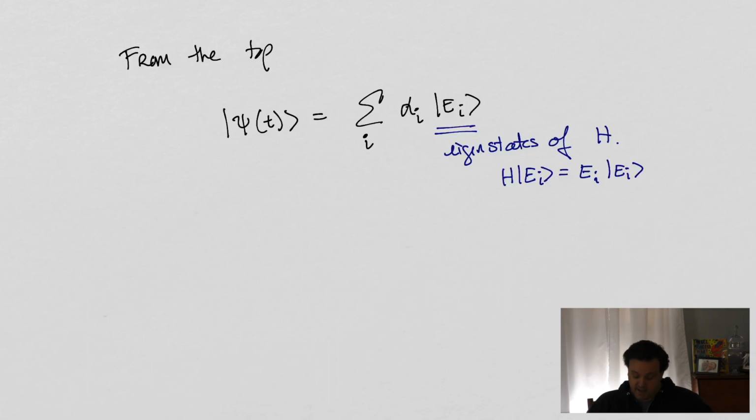In that case, I can take my general state psi and break it down into the eigenstates of the energy operator, which I'm going to call |E_i>. The E_i outside of the ket is going to be the eigenvalue of the energy operator. Each of those states has a probability amplitude, which I'm going to call alpha_i, and so I can recreate my entire state by taking alpha_i times |E_i>.